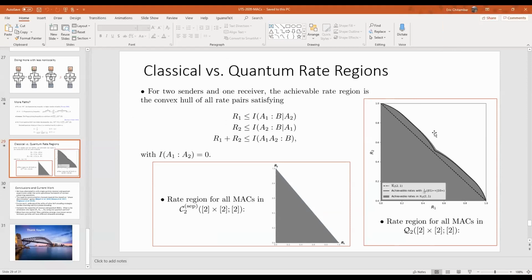Yeah, it seems very strange because your system is completely symmetrical on both sides, right? Yeah, no, it surprised us as well. I think one thing is that the encoding operations are not symmetric. So even in the case of the uniform superposition state, to get your different rate points here, you need to use asymmetric encoding, which means that one party encodes their 0-1 information using one family of maps, and the other party encodes 0-1 information using another family of maps.